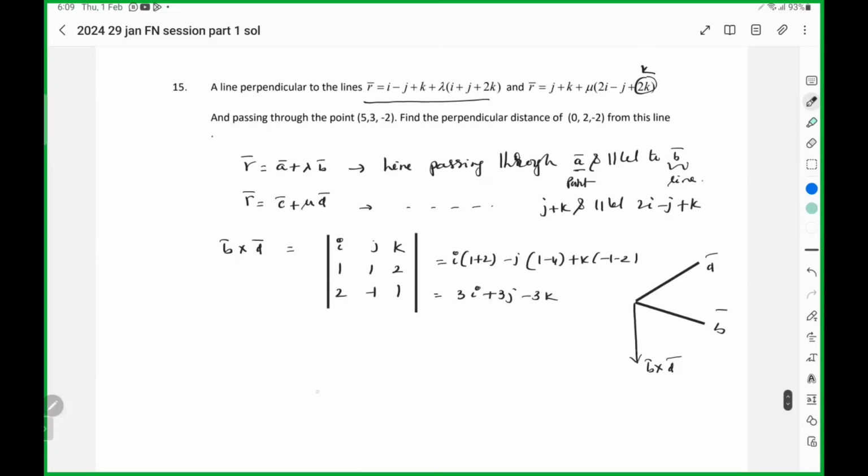Now this line is passing through 5, 3, minus 2. Find the perpendicular distance from this point. This line vector is 3i plus 3j minus 3k. Here AD is the perpendicular distance.